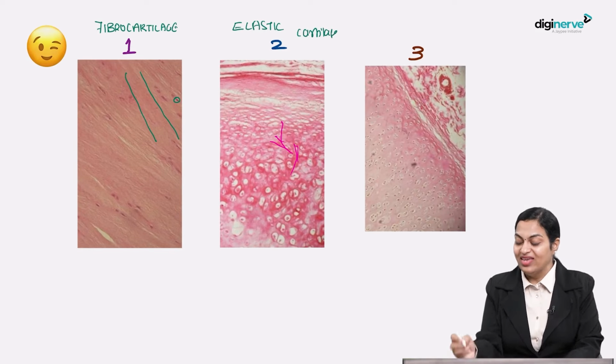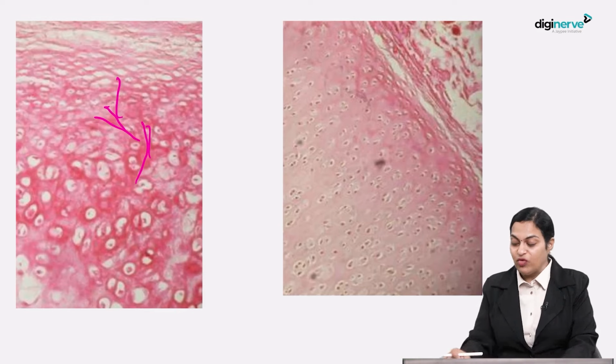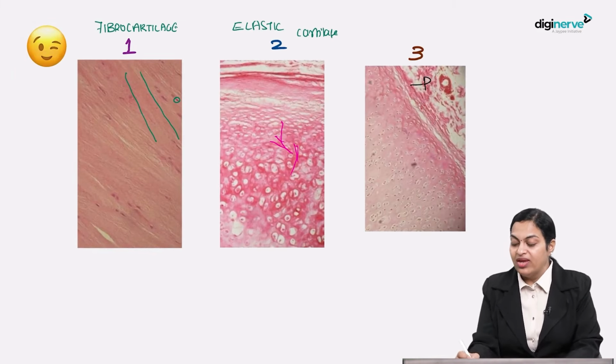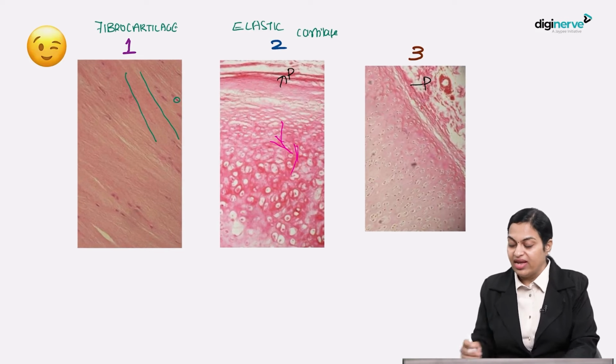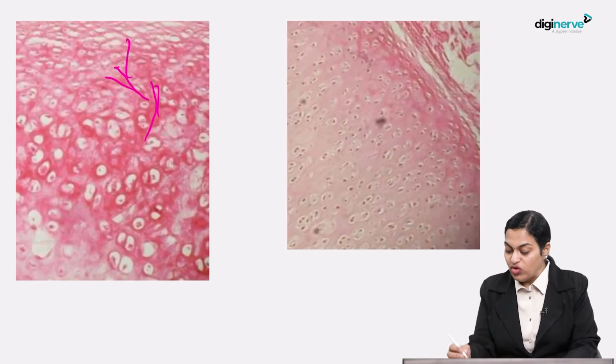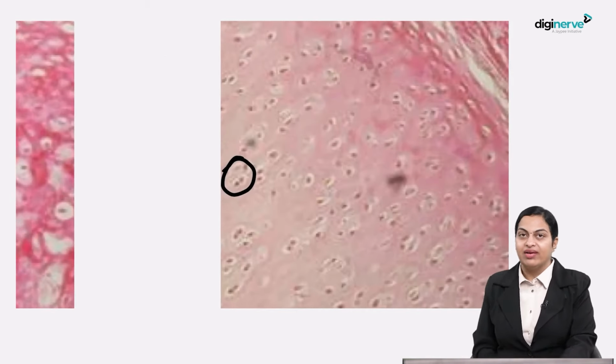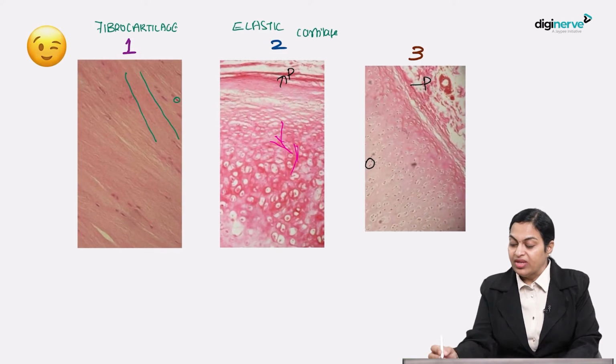And 3, yes, it's not that very basophilic. Still, you can appreciate the presence of perichondrium in elastic cartilage and hyaline cartilage. Here, the isogenous cell nests you can make out, and a homogeneous matrix, isn't it? This is going to be hyaline cartilage.